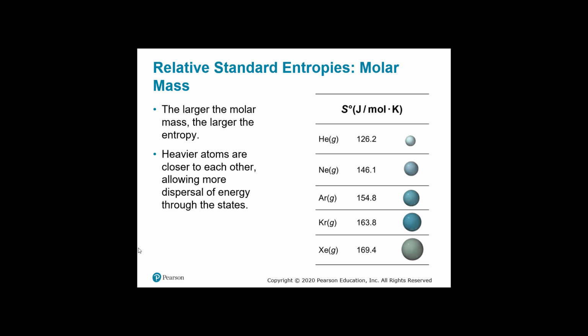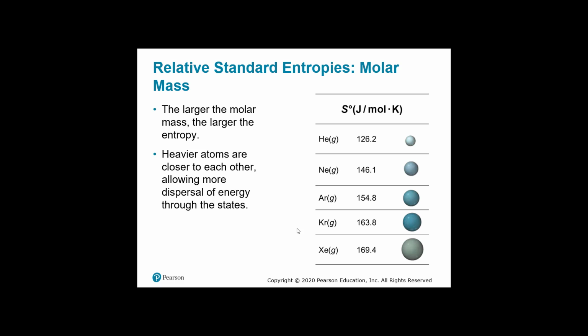Relative standard entropy also depends on molar mass. Here we take a look at these molar masses, and we notice that xenon, which is the largest, has a larger value than the rest of them when it comes to standard entropies. That is because the bigger, heavier atoms are more closely spaced, so the energy states have a greater dispersal of the energy at a given temperature.